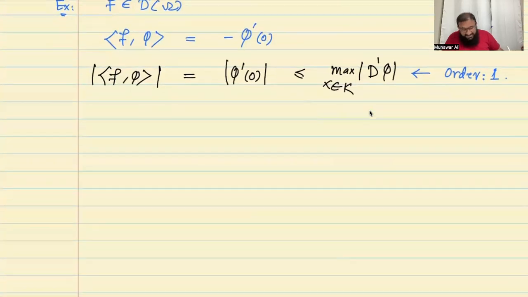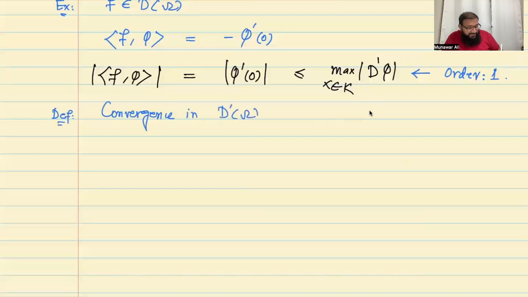Okay, now the next thing is a definition of how I can make sense of convergence in D prime of omega. It means I take a sequence of functionals f n which belong to D prime of omega.